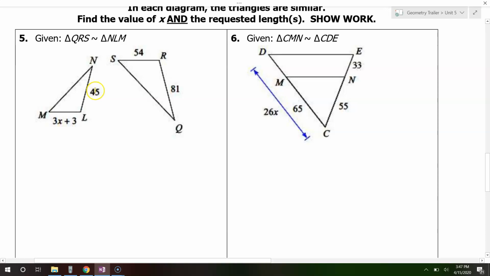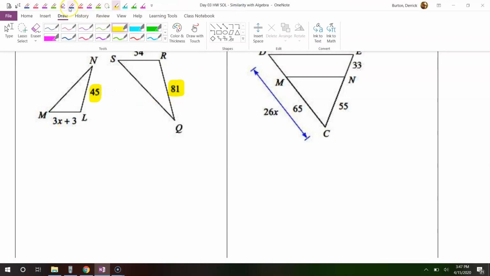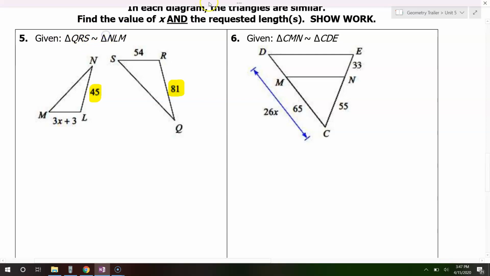For example, I have side NL. Notice that NL is right here in the similarity statement. That's going to correspond with QR. So I see here's QR right here. So that means the 45 and the 81 are corresponding sides.